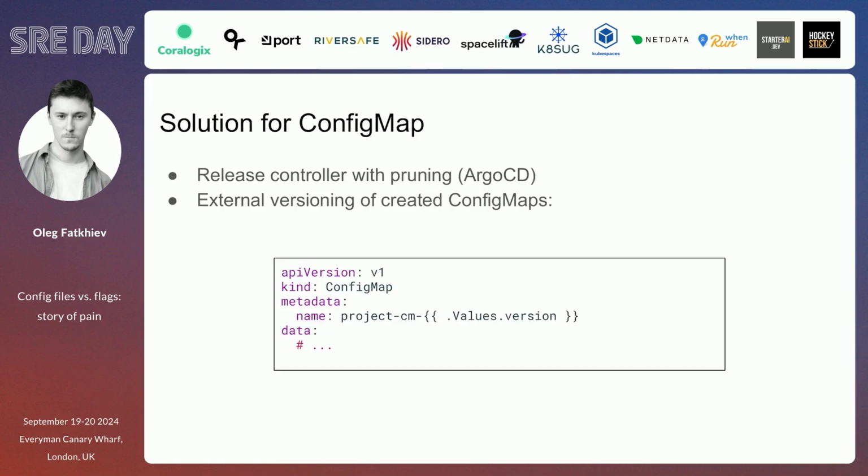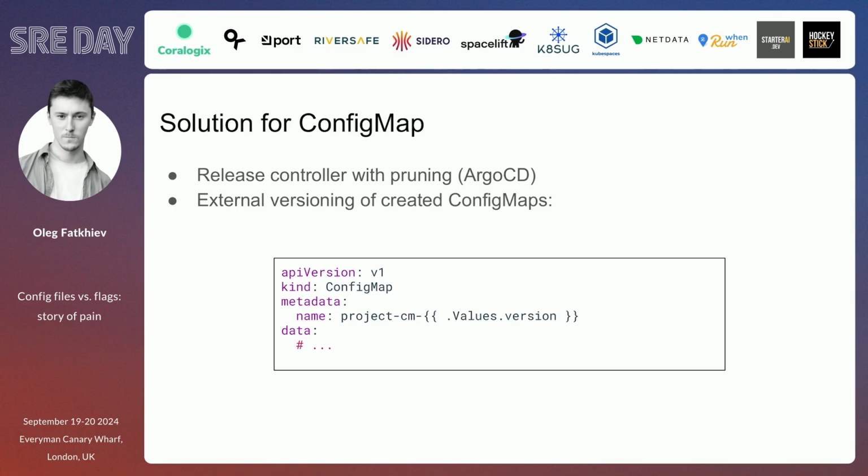One of the solutions for config maps that I know is that we need some release control with pruning. We all use Argo CD, and we have to manually, externally version our config maps by placing the version in the name. You can also use some other tricks with envvars, but it's basically all the same. You have to version your config map to make it work properly.